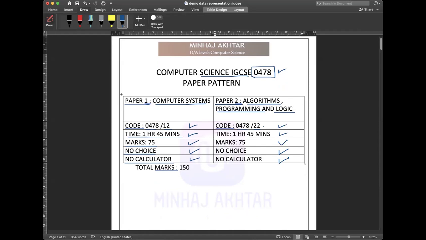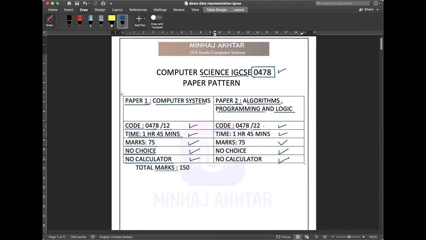But a question: are both papers going to be conducted on the same day? No. Both papers will be conducted on different days. So don't worry, because last time we had around a 7 day gap. In the May-June series, paper one was on 12th May, and paper two was on 17th May.